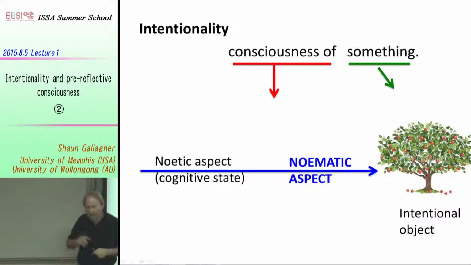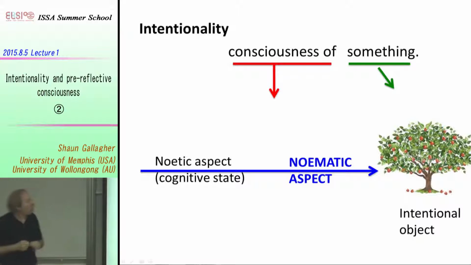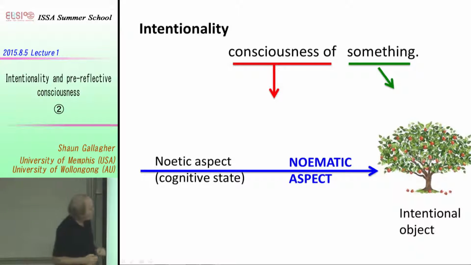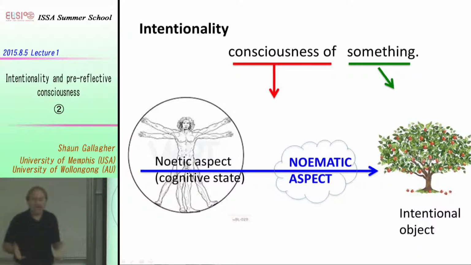So let me just go back to what we were looking at before. So we're talking about intentionality, which is consciousness of something. And we're trying to figure out what this noematic aspect is. And one thing that we don't have on our little cartoon here yet is the fact that, of course, all of this is embodied in some fashion, right?